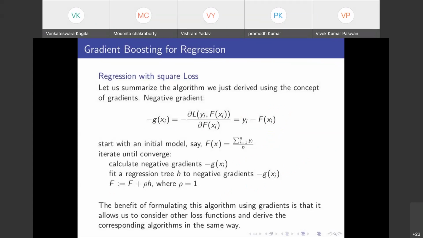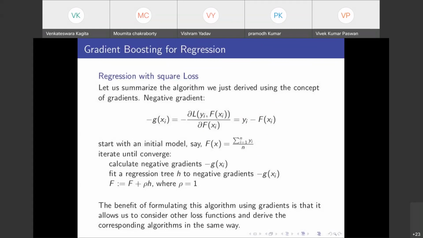The benefit of formulating the algorithm using gradients is that it allows us to consider other loss functions and derive the corresponding algorithm in the same way. You need not restrict yourself to the square loss function.